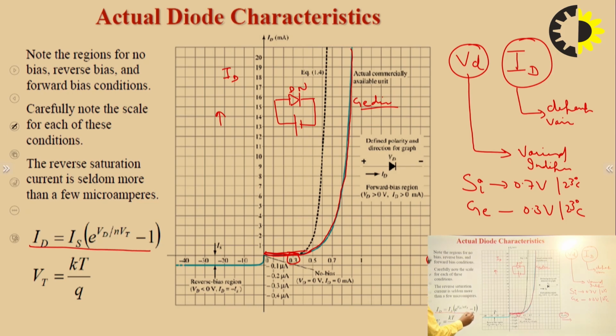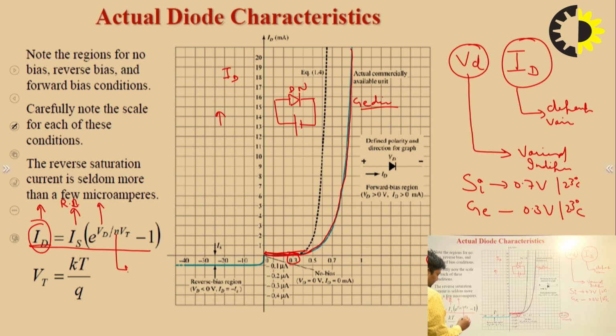So if we curve fit this graph with respect to VD and ID, we utilize an equation called the diode equation, or p-n junction diode equation, where ID is the diode current, IS is the reverse saturation current in the reverse bias, and VD is the voltage across the diode.